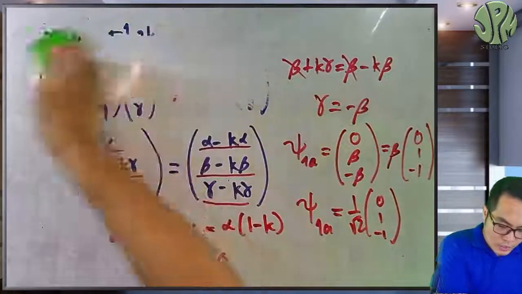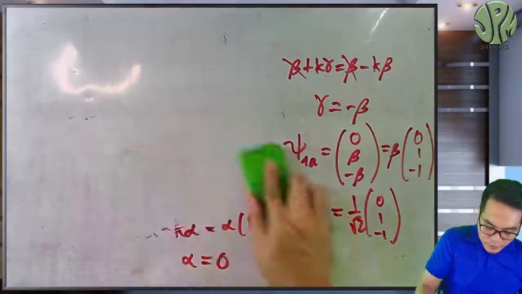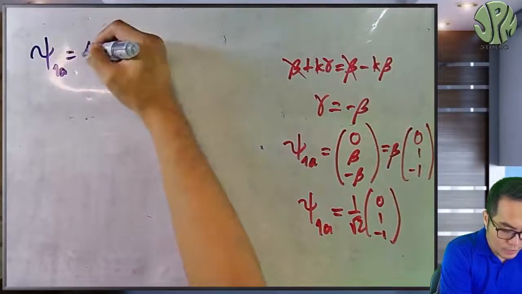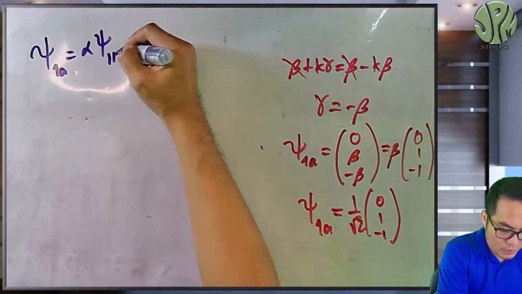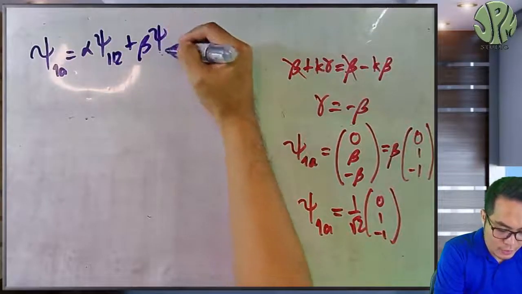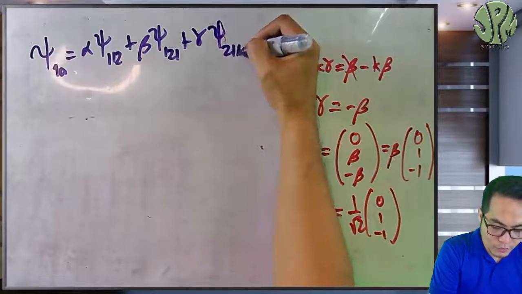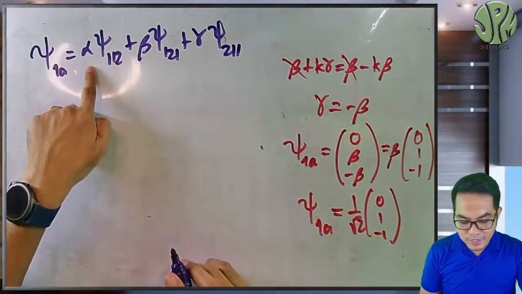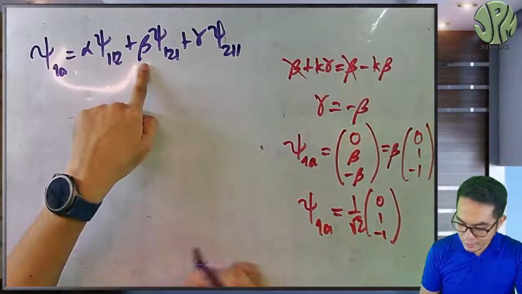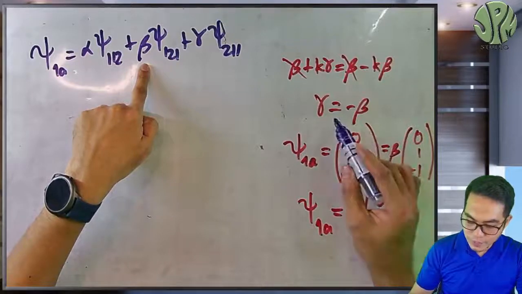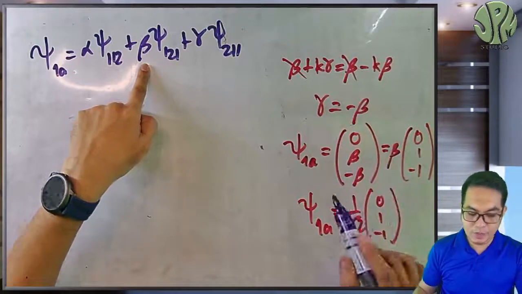From our psi 1a, take note, our psi 1a is alpha psi 112 plus beta psi 121 plus gamma psi 211. So alpha is 0, beta is actually 1 over square root of 2, and our gamma is negative beta, or negative 1 over square root of 2.